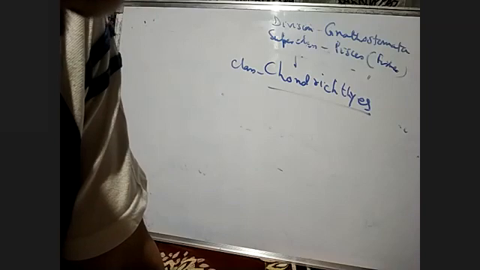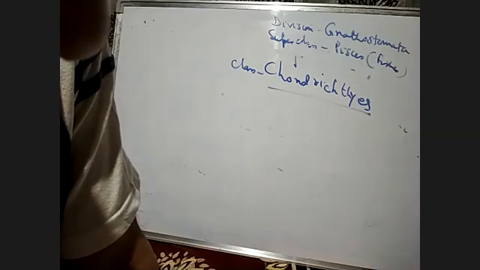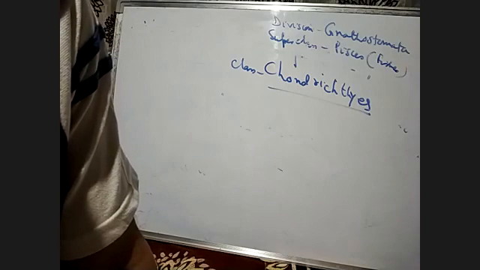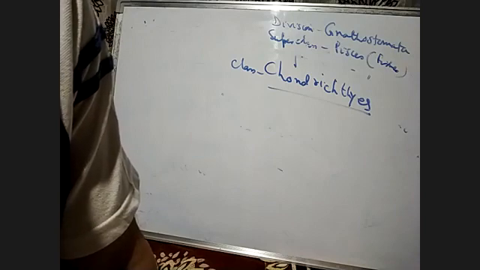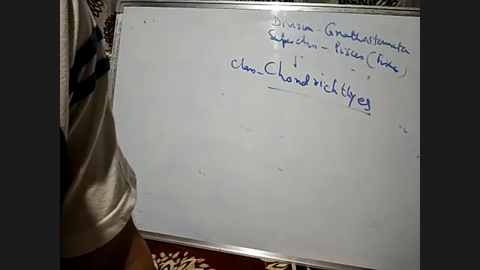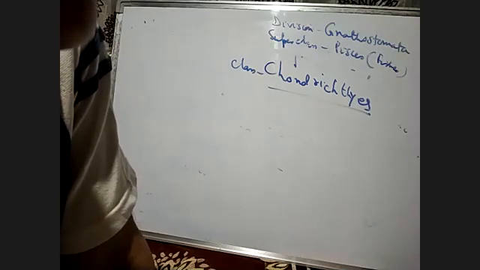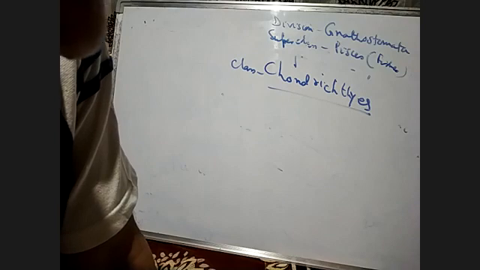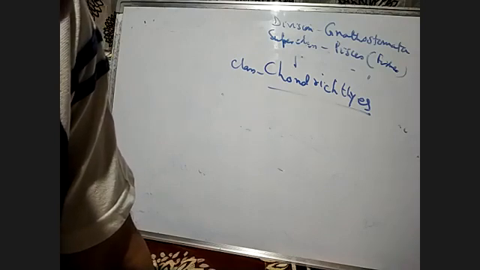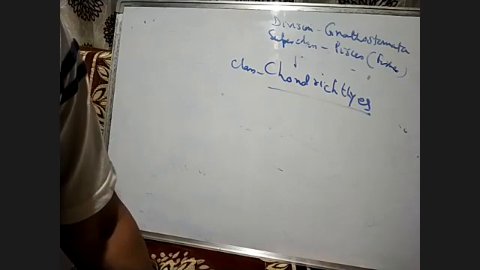Class Chondrichthyes are marine animals with a streamlined body and a cartilaginous endoskeleton. The skeleton found inside the body is called the endoskeleton, and it is cartilaginous, which means it is made of very soft bones.